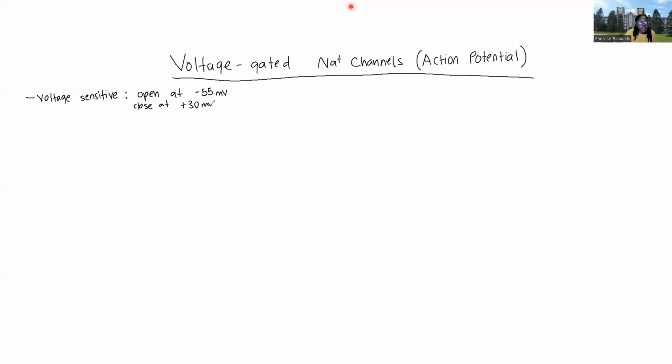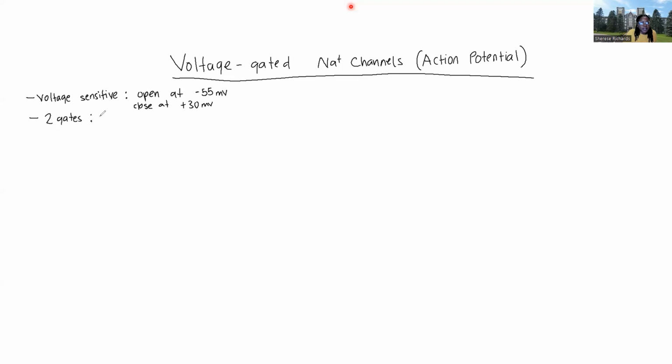The other thing we want to say is that there are two gates on the channel, so two gating mechanisms happening on the channel.